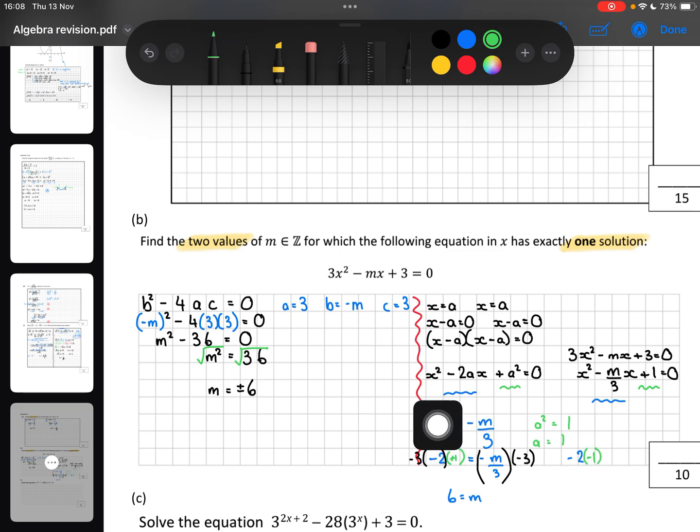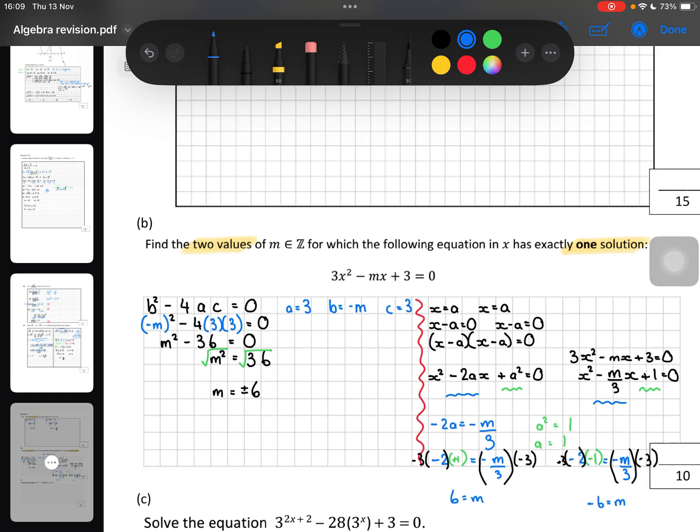So using this exact same equation, minus m over 3, multiply across by a minus to get rid of the minus, and get rid of the 3 that's dividing. So multiply by a minus 3 here, and we will get minus 6 equal to m.